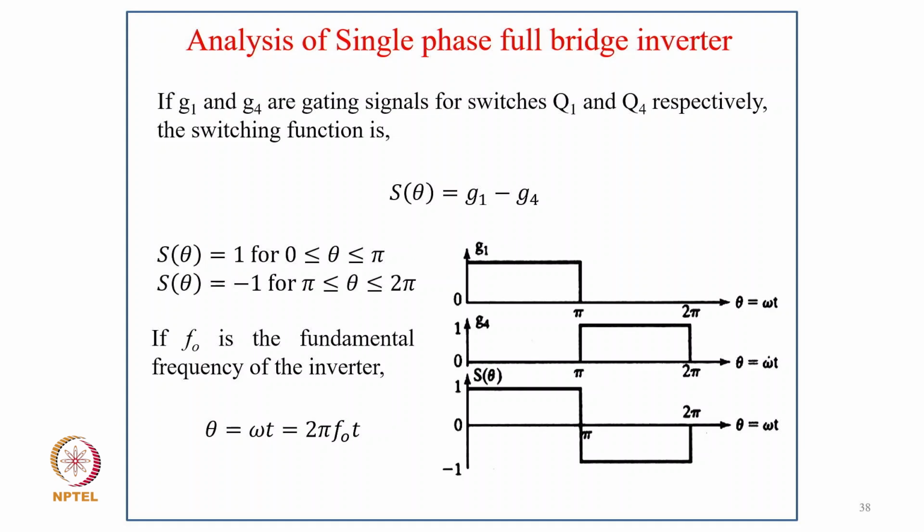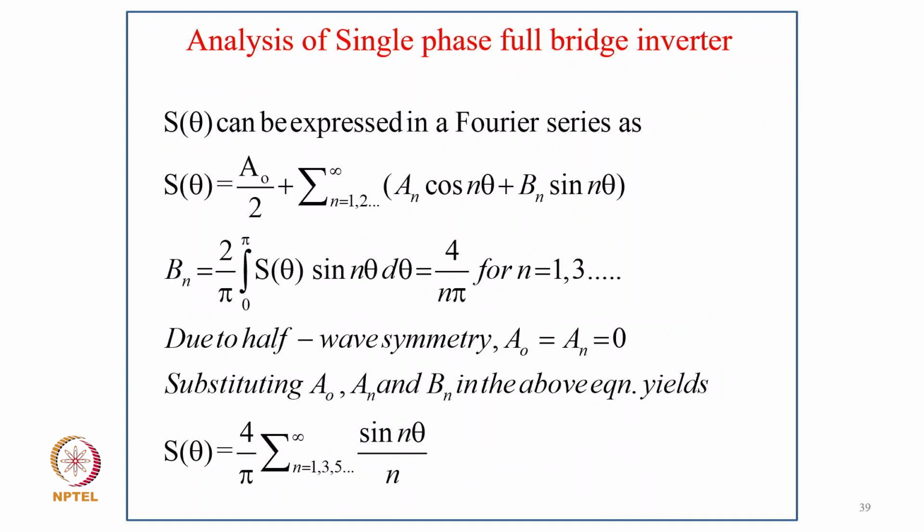And if F0 is the fundamental frequency of the inverter, theta equals omega t equals 2 pi F0 t, and S theta can be expressed in a Fourier series as S theta equal to A0 by 2 plus summation from n equals 1 to infinity of (an cos n theta plus bn sin n theta), where bn equals 2 upon pi integral from 0 to pi of S theta sin n theta d theta, equal to 4 upon n pi for n equal to 1, 3, 5 and so on.